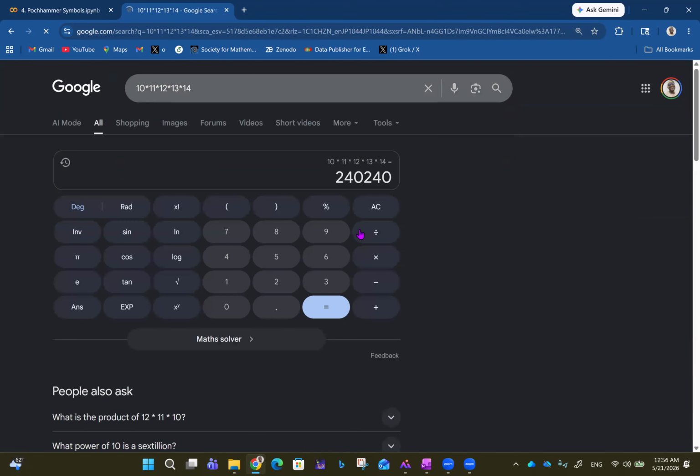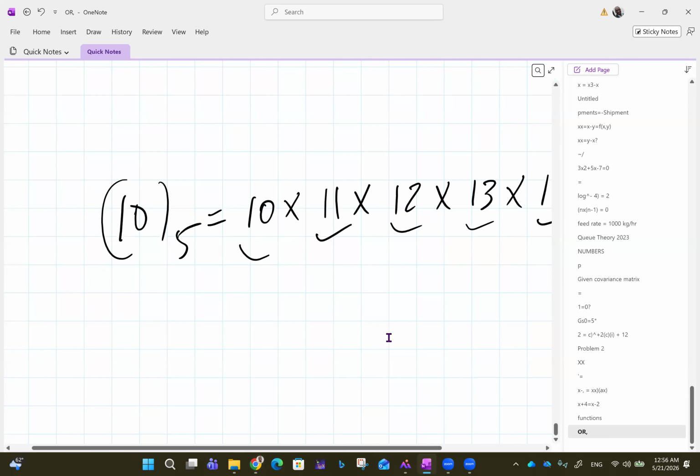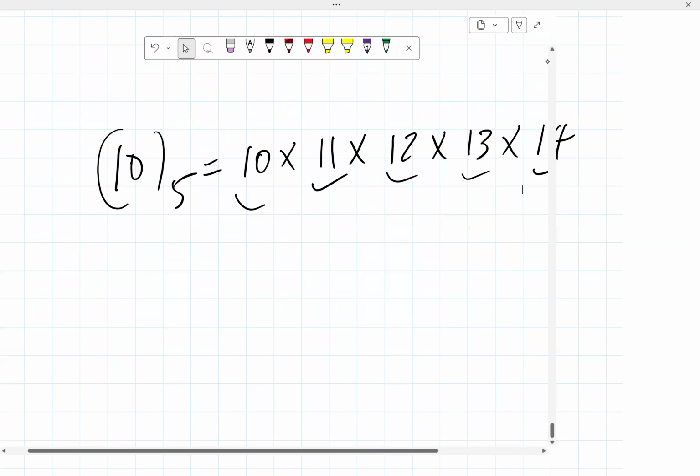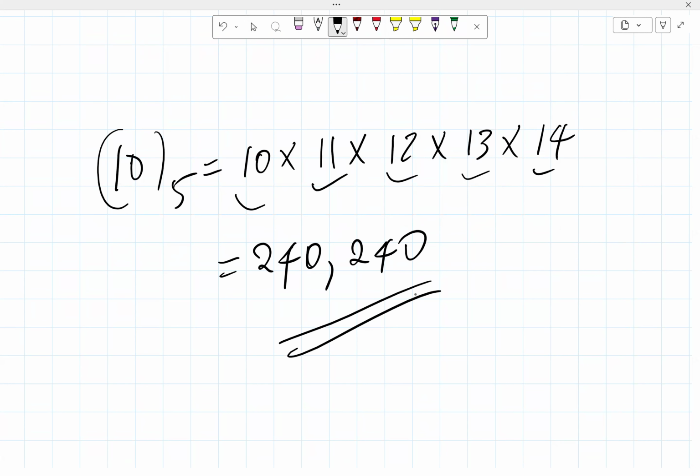And then we get the result, 240,240. That's 10 sub 5 for the rising factorial.